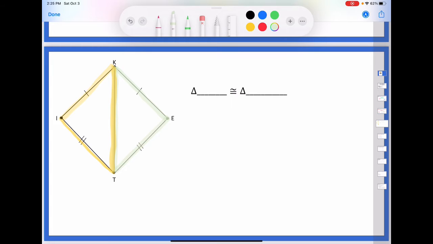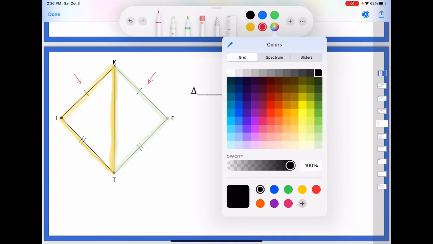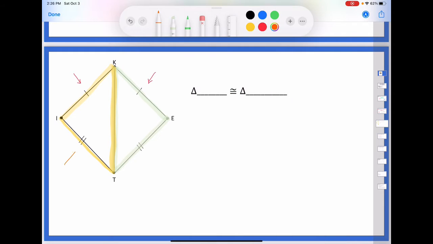All right, so when I look at this, I only see two pairs of sides that are marked congruent, right? I see KI is congruent to KE. And I see down at the bottom here, IT is congruent to ET, right? So I thought I needed more than that.